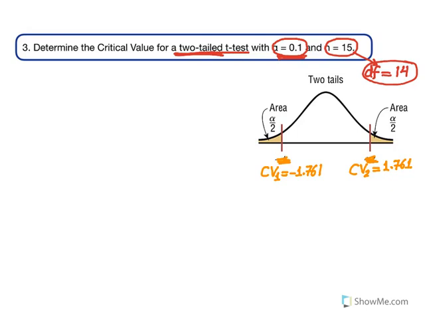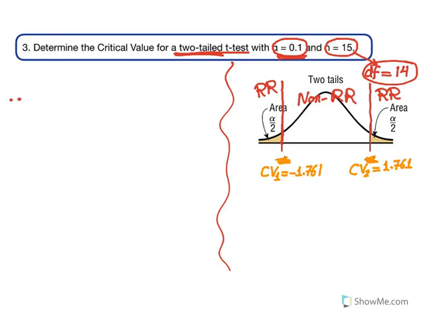The critical region, or the rejection region, will be two parts here. This is the first part, and this is the second part of the rejection region, where you reject the null hypothesis. And the middle is the non-rejection region. So let's write this.